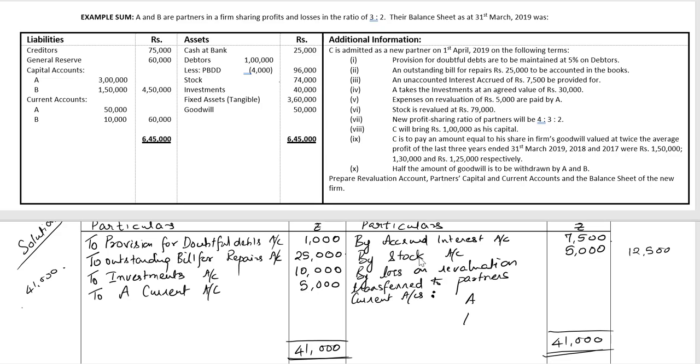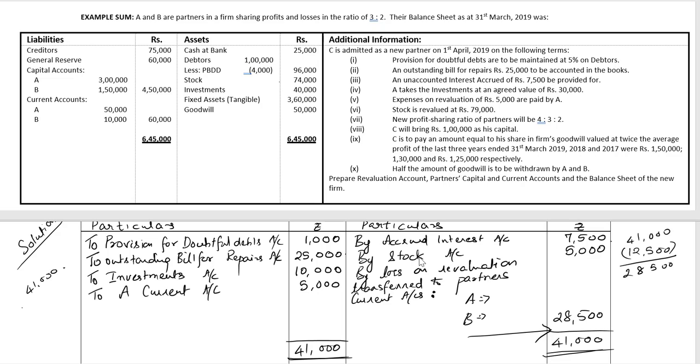We have A and B. The total loss on revaluation is 41,000 minus 12,500, which is 28,500 rupees.